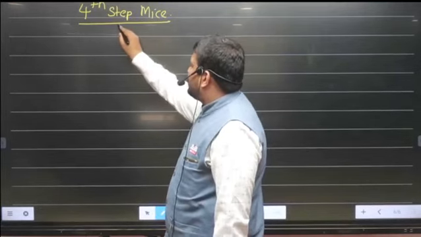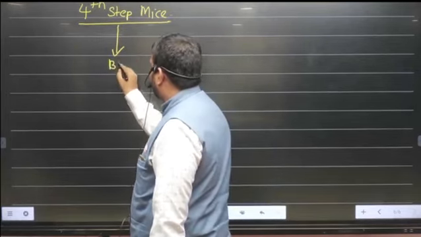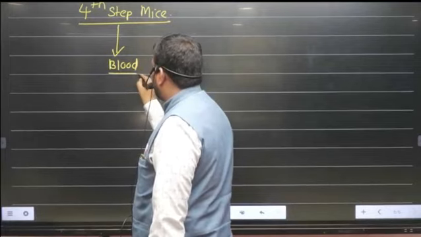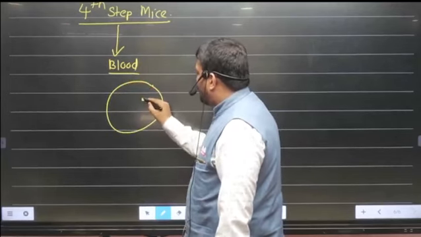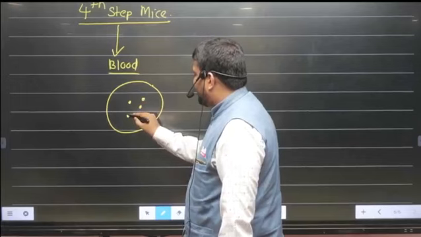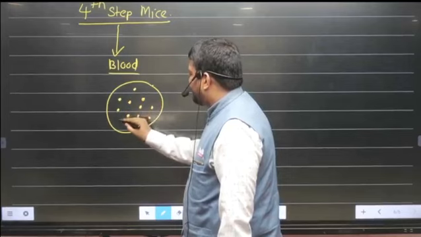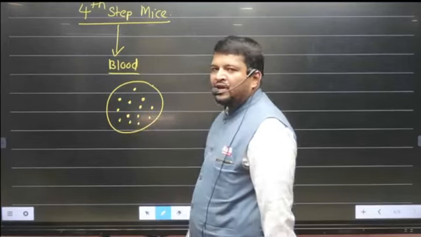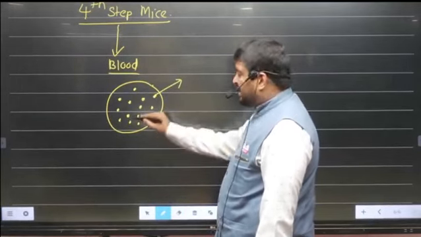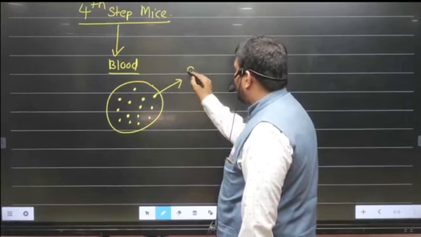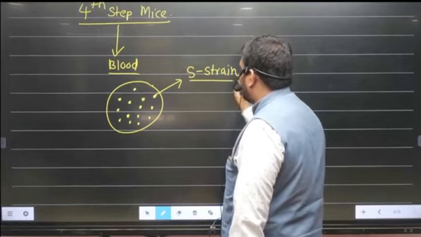Okay, so he collected the blood from these dead mice, from the fourth step, and grew it on a culture medium, and he surprisingly found that the culture medium contained only one kind of strain, that is nothing but the S strain.